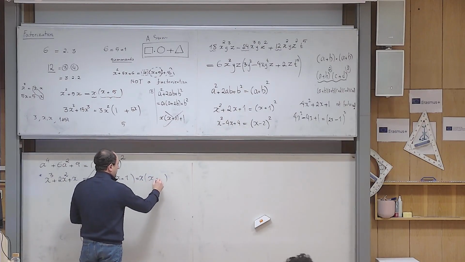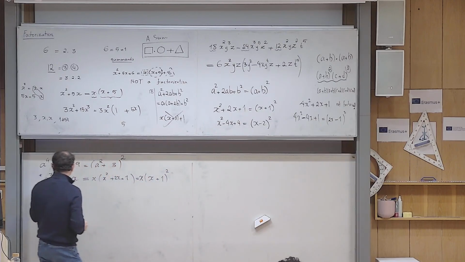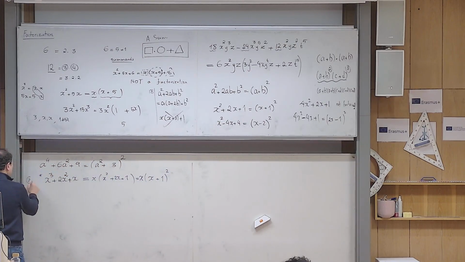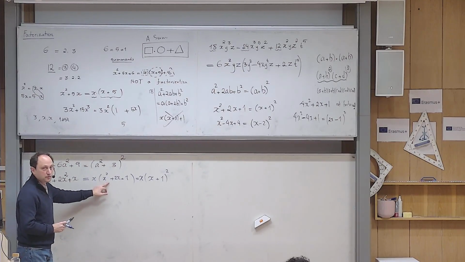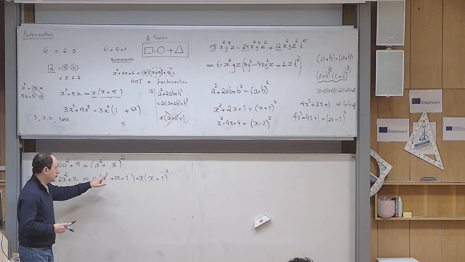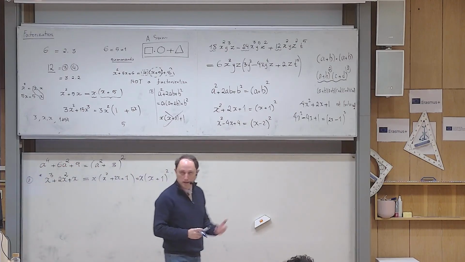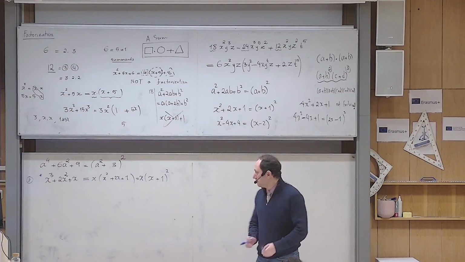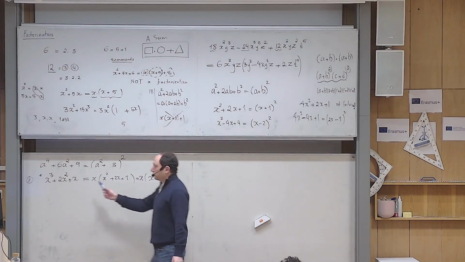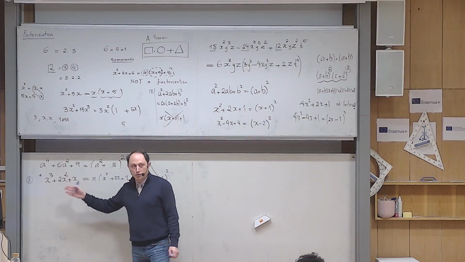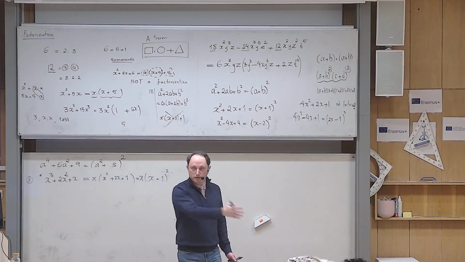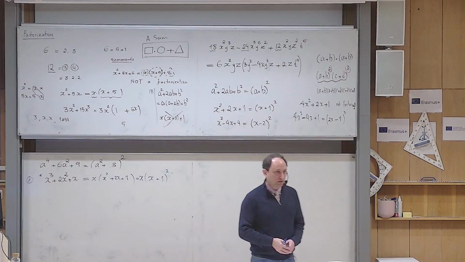X plus 1 to the power of 2. So let us say that I dedicate 2 points to this question. In Math 1C, you got 2 points up to here. But in Math 2C, you get 1 point here and 1 point for completing it. Is that clear? So remember, the method that you learned in Math 1C has priority, if possible, over all other methods of factorization we might learn.